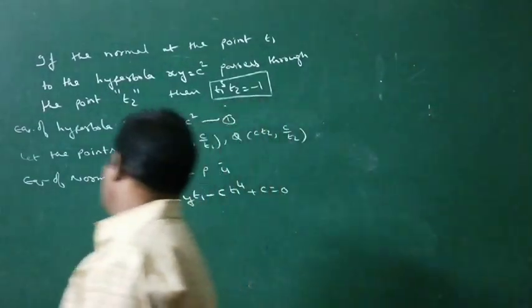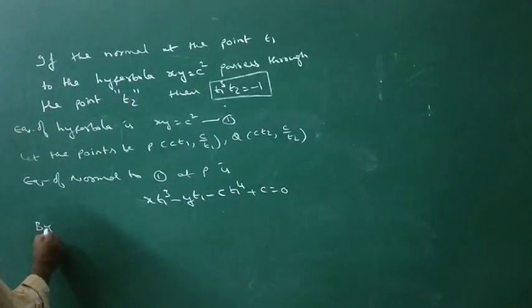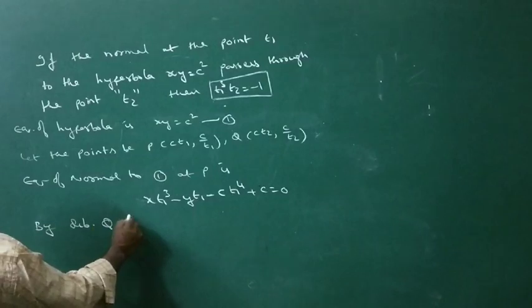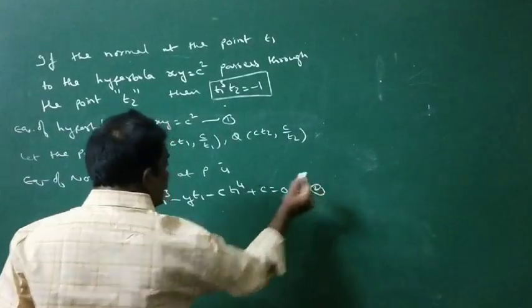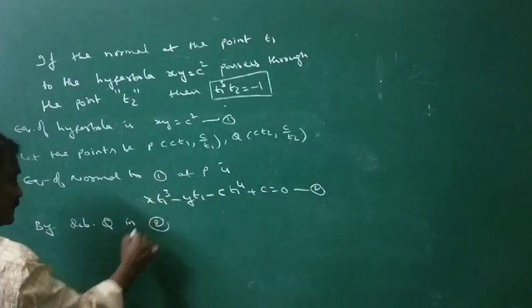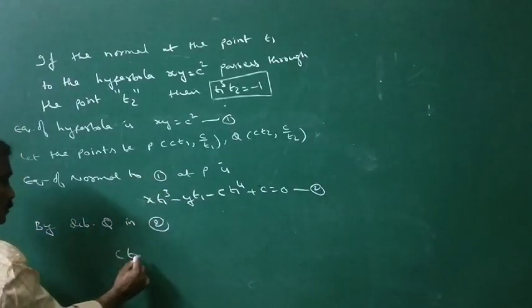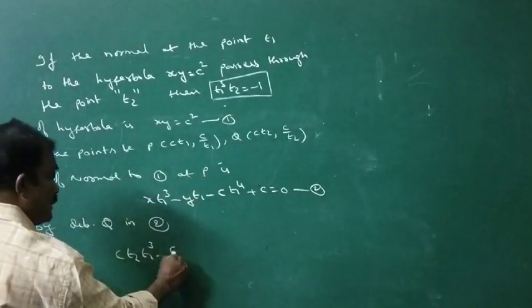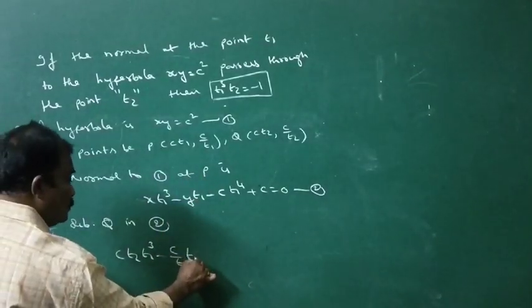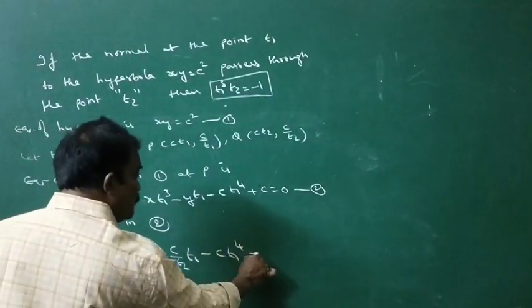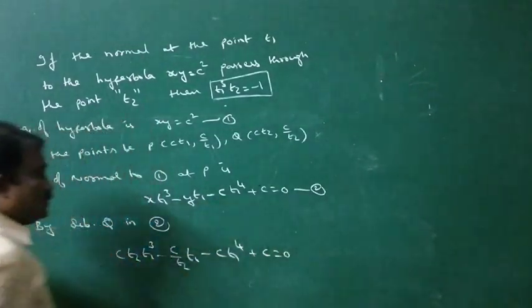By substituting Q in equation 1, in place of x, c T2 into T1 cube minus, in place of y, c by T2 into T1 minus c T1 to the power of 4 plus c equal to 0.